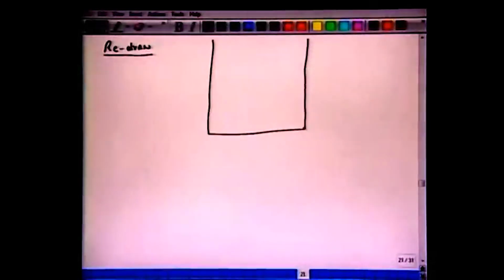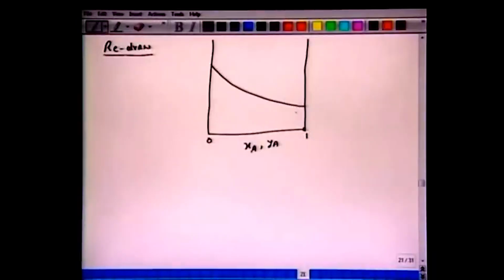Okay, so we would like to redraw this again. So let us redraw this TXY diagram. We are plotting XA and YA, 0 to 1, we have TB, we have TA.